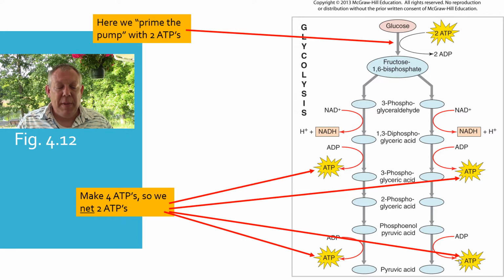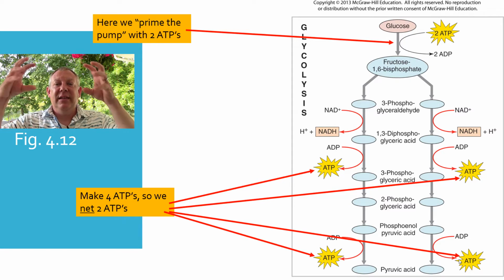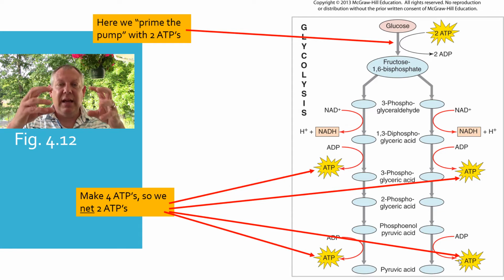And so basically, once you break that glucose in half, then you've got a couple of 3-carbon molecules, and then you break those molecules down. And each time you break the bonds, you release energy. And during a couple of these steps, that energy is used to stick a phosphate onto an ADP and make an ATP.